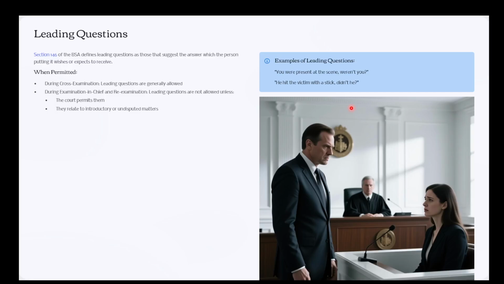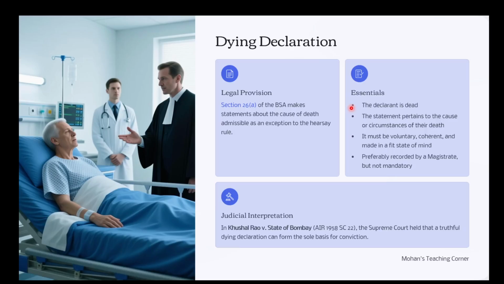Examples of leading questions: you were present at the scene, weren't you? He hit the victim with a stick, didn't he? Such types of questions are called leading questions.